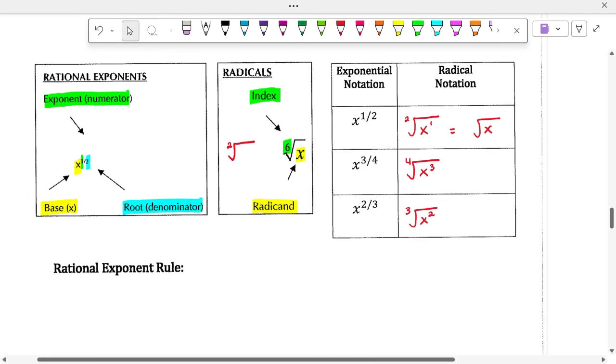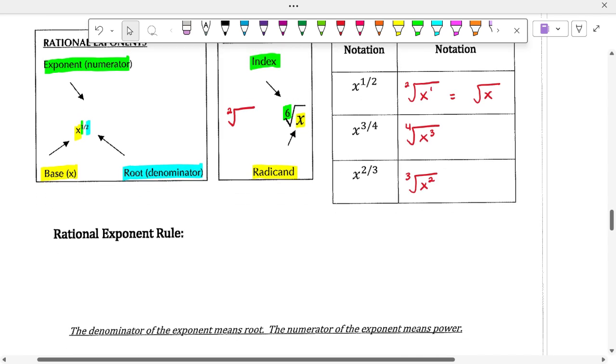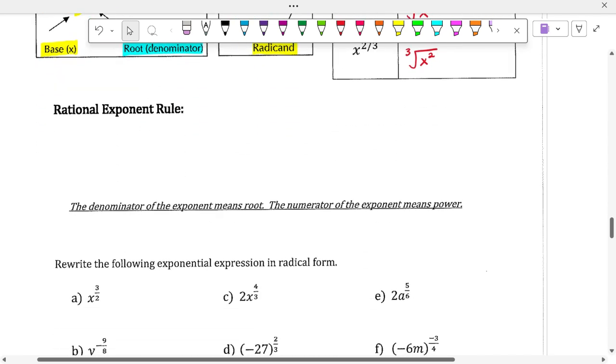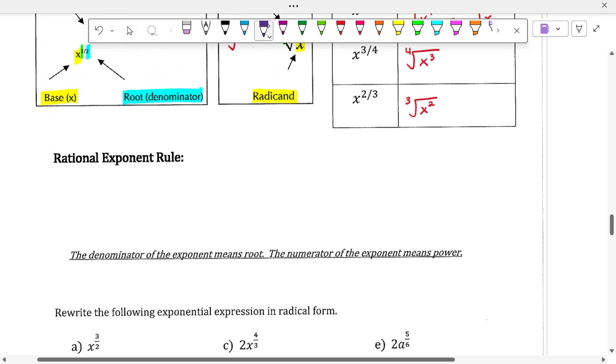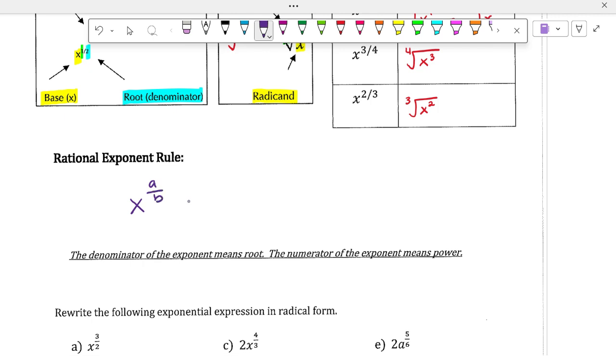Any questions on that? So again, just to reiterate, if you have x raised to the a over b, that's the same thing as the b root of x to the a power. So it's pretty much the inverse of what we did with the radical exponent rule.